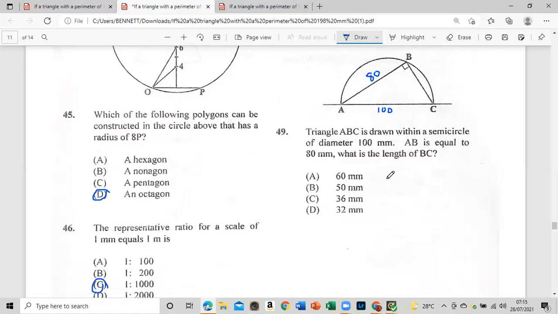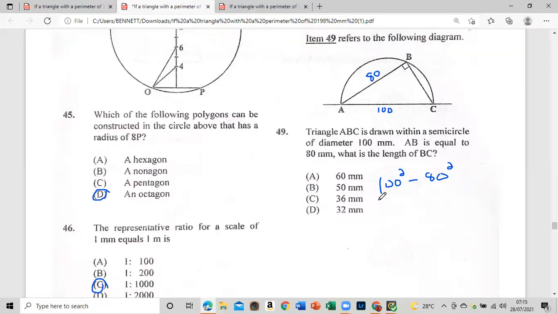So the length of BC, I'm very excited for this one. It's maths, maths, maths. Since it's a right angle triangle, we get 10,000 here. So let's use the calculator again. 10,000 minus 6. Oh Lord, it has to be 36. Guys, guess what? I don't have to do none of that.